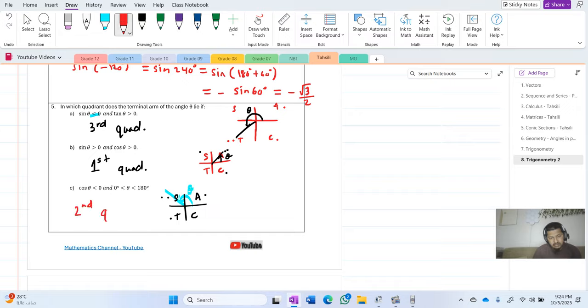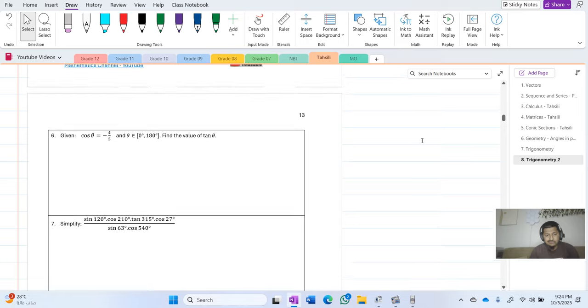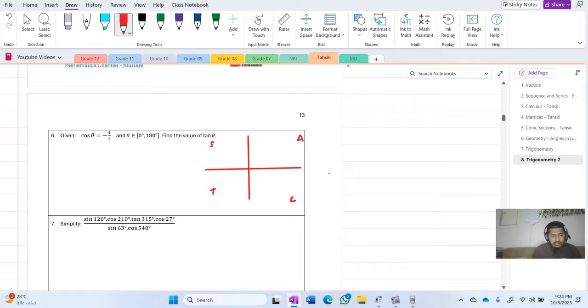Given cos theta is negative 4 over 5 and theta is between 0 and 180, find the value of tan theta. First, we have to locate which quadrant this diagram has to be in. So CAST diagram, right? Now first, where is cos negative? Second and third. Where is 0 to 180? First and second. So my diagram is basically in the second quadrant.